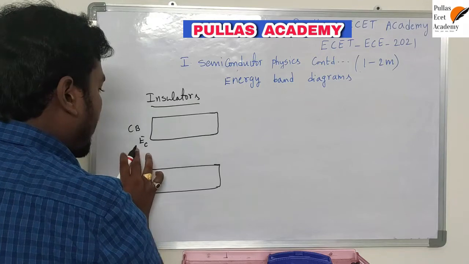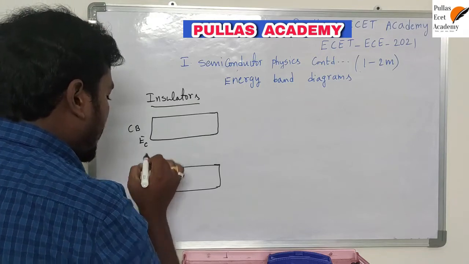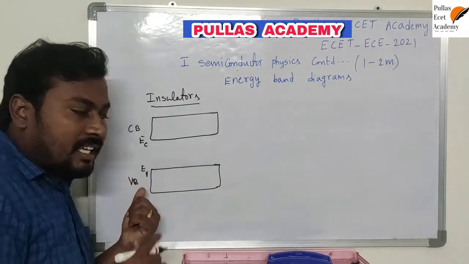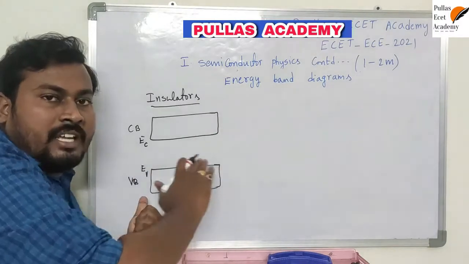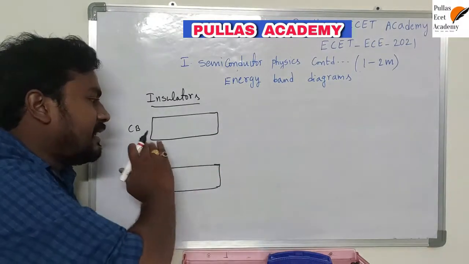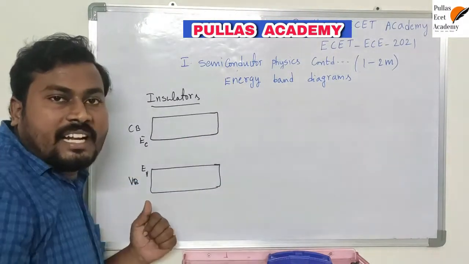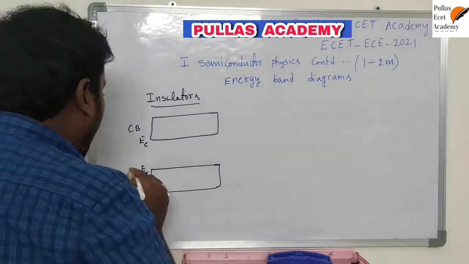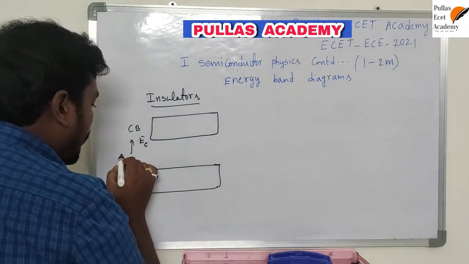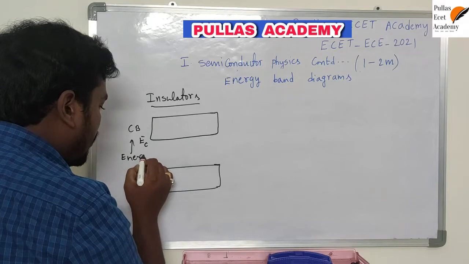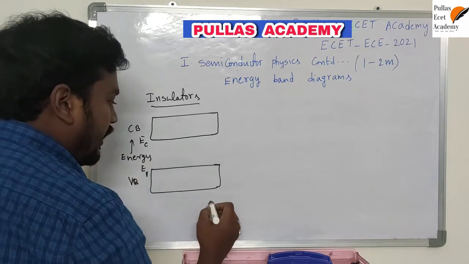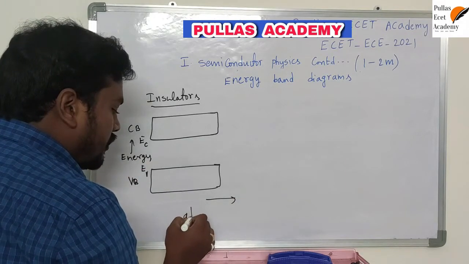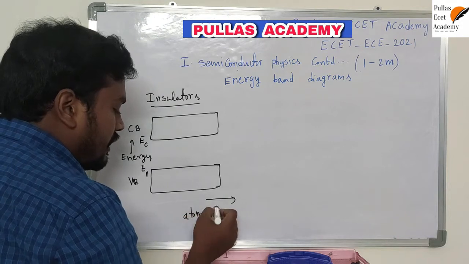This is the edge of the conduction band. This is the edge of the valency band. EV is the energy level, edge of the valency band. EC is the energy level, edge of the conduction band. On y-axis, we will refer energy, and on x-axis we are going to refer atomic separation.